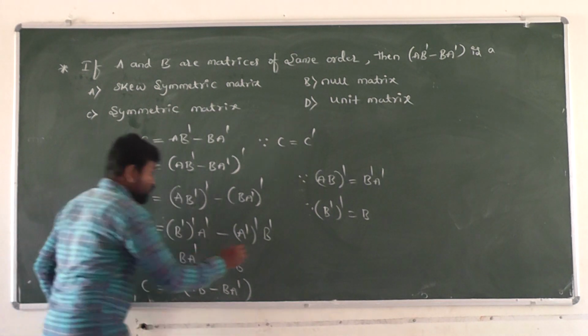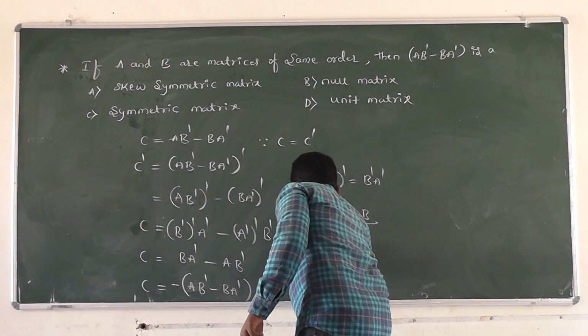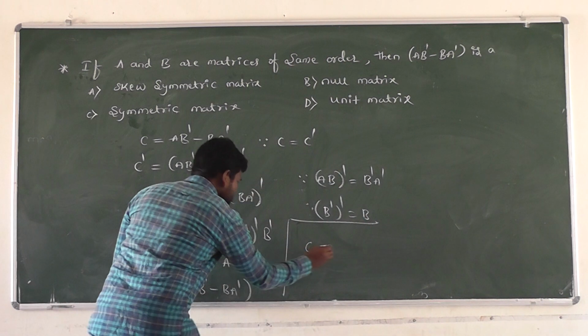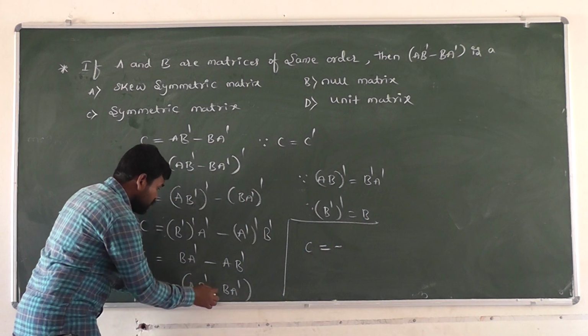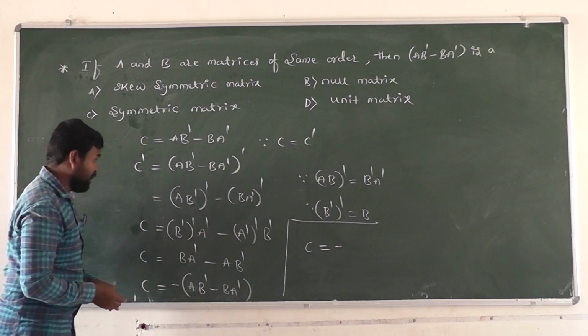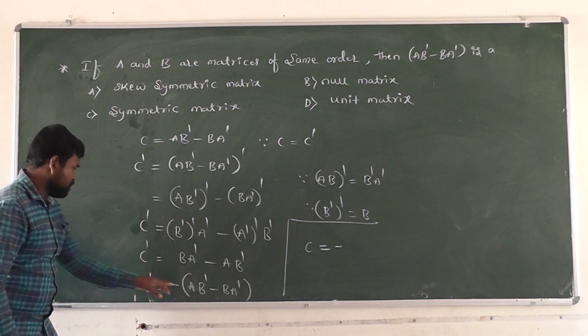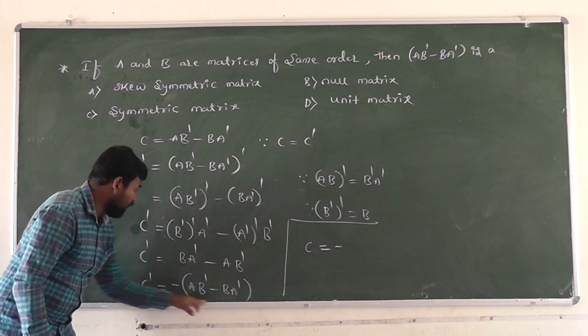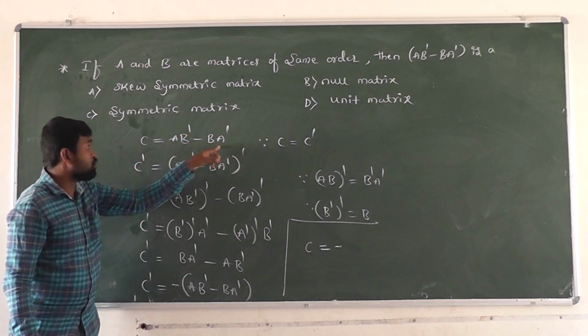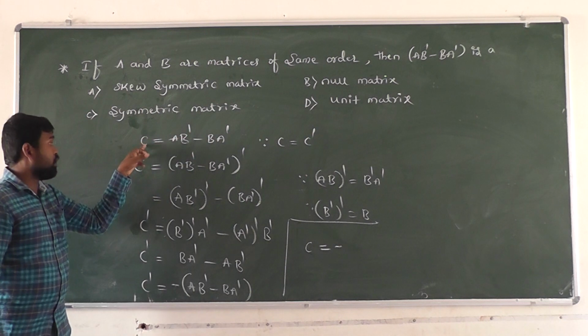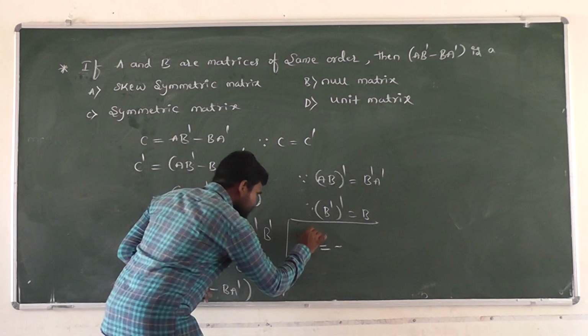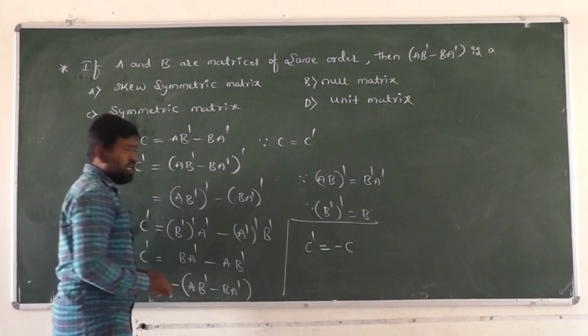Then C transpose is equal to minus of A B transpose minus B A transpose, which is C. So C transpose is equal to minus C, right?